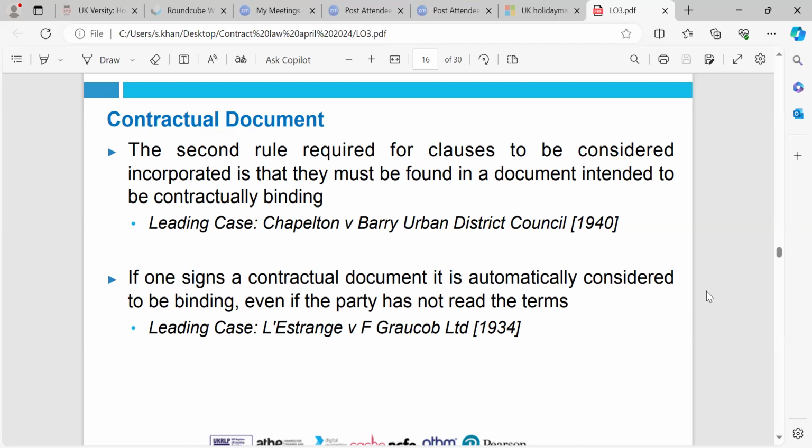And this was the case in L'Estrange and Graucob Limited, 1934.